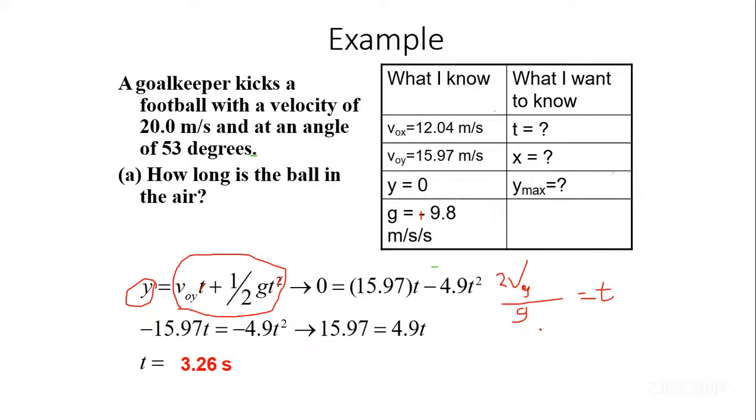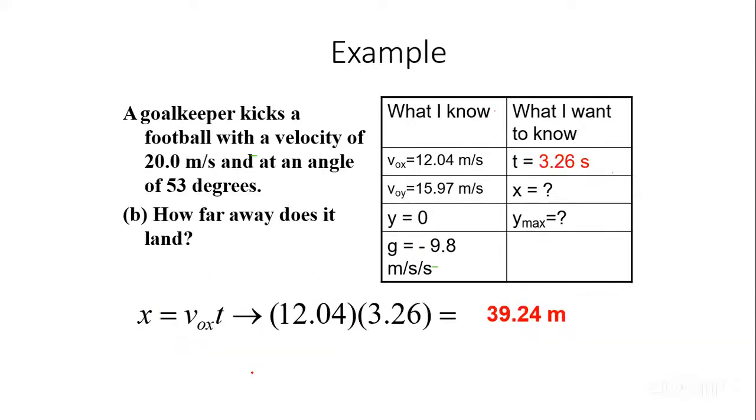We have 2 times 15.95 divided by 9.8. So that gives us 3.26 seconds.